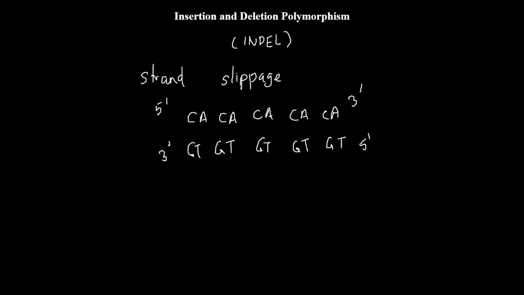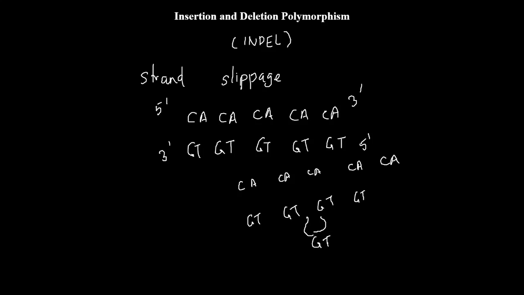Now what happened in case of the repeats? This particular GT forms a loop, there is a strand slippage and that forms the loop. So now you will be having CA, CA, CA, CA, CA, and now you will be having GT, GT, GT, GT, and one GT is in the loop.